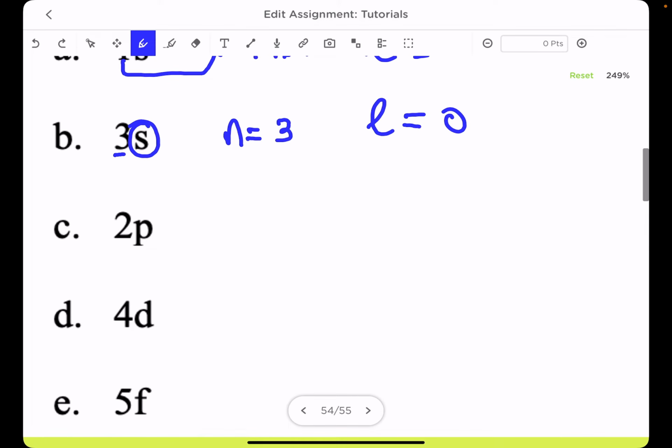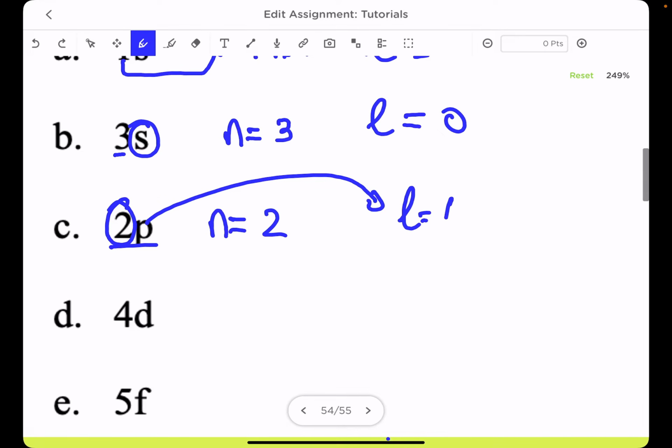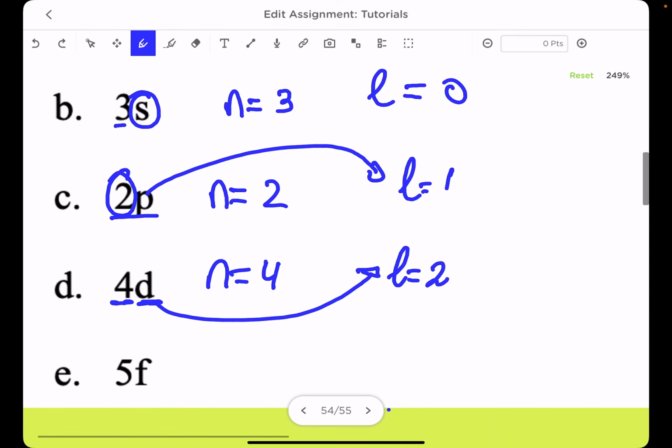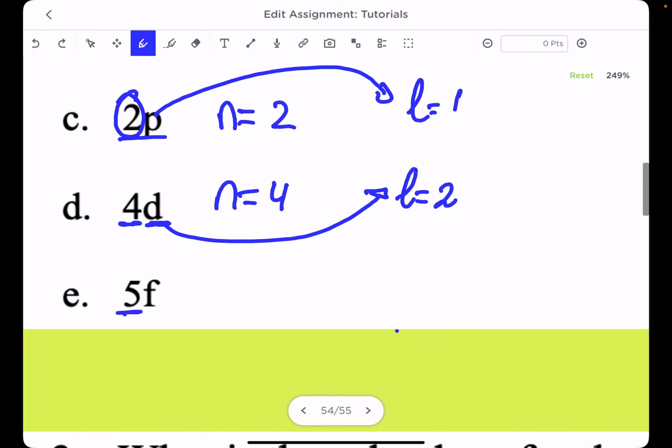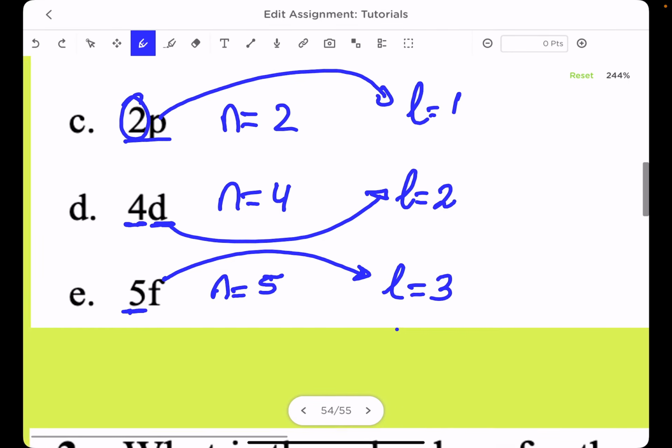Another example, 2p. I read 2, so it's the second principal quantum number, N is equal to 2, and because I read P, L is 1. 4, so N is equal to 4, and D means L is equal to 2. 5F: 5 means N is equal to 5, and the F means L is equal to 3.